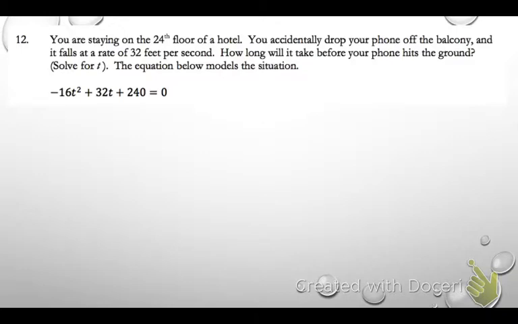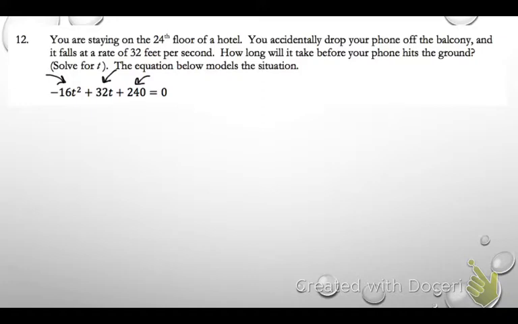So if you think about the last one, and that velocity number, in this it's 32 feet per second squared. So that's where this value comes into play. This first number is that number due to gravity, and then this last one, just for a little extra information, is how many feet off the ground your phone started. So the first thing we can do is look for a greatest common factor.